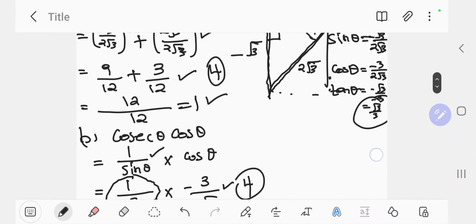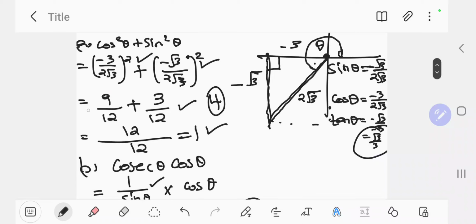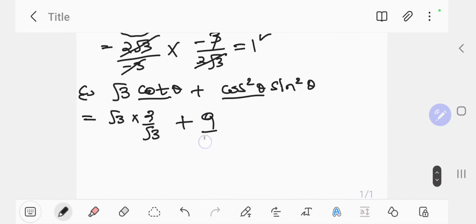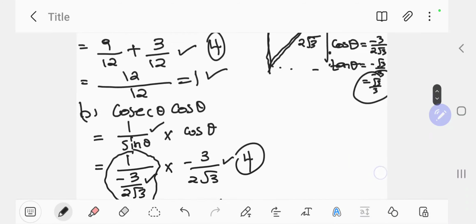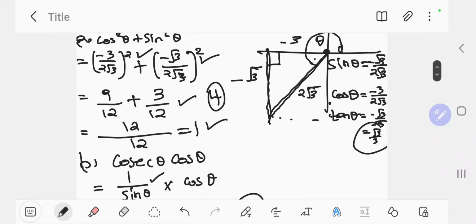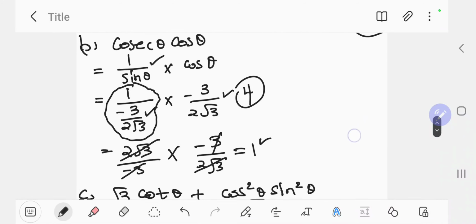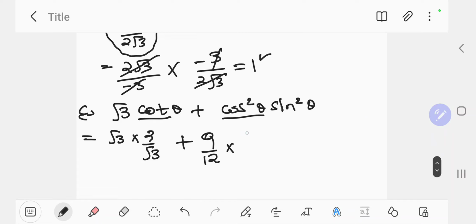Remember, you've gotten a cos square theta here, it is going to be 9 over a 12. So it's going to be 9 over a 12 and then multiplied by, remember, we got it here, a sine square theta, which is going to be 3 over a 12 that we got up there.